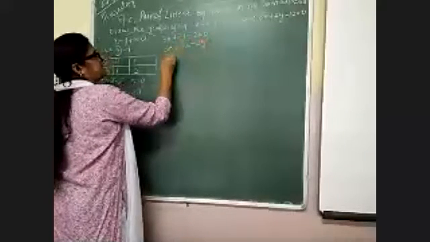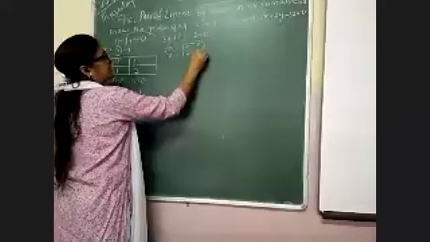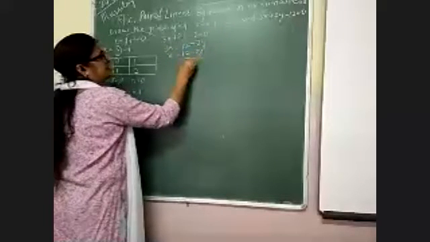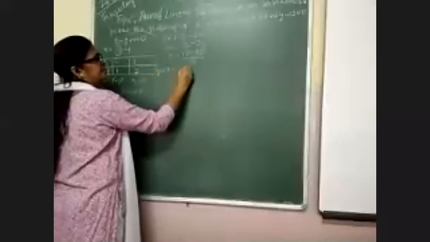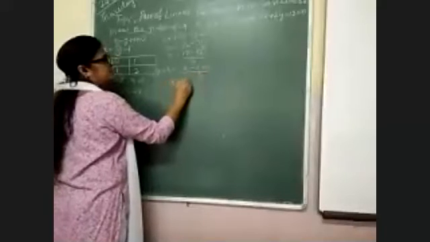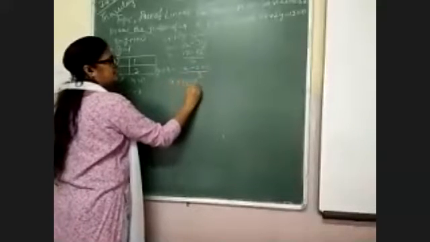Then x equal to 12 minus 2y upon 3. 3x means it becomes divided by 3. So when we put y equal to 0 here, 12 minus 2 into 0 upon 3, then x equal to 12 minus 0 upon 3.